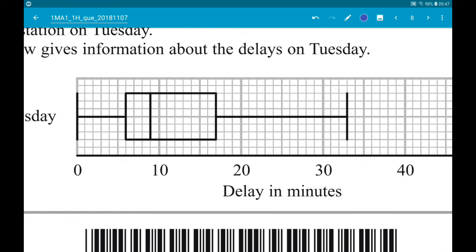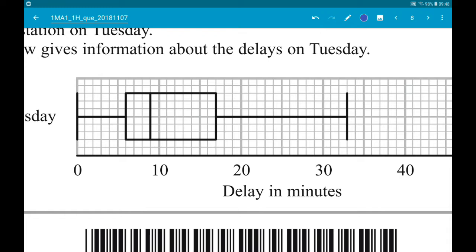The answer is no. So the 33 being the greatest delay time acts as the right whisker. So it might be that 33 is an outlier. So that might mean under 33, the next delay time might be 20 minutes, or 19 minutes, or 18 minutes, for example.